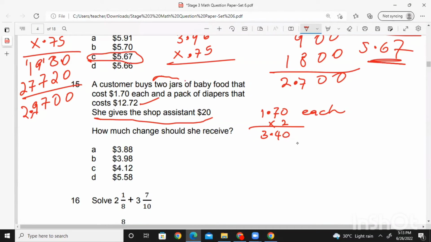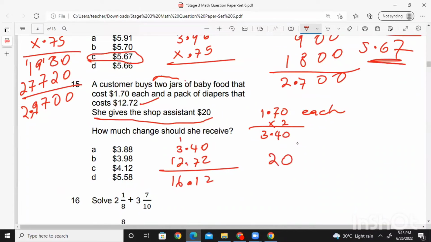And then now we're suggesting that, listen, I need to add this $3.40 to the $12.72 to know the total. So that's 2, 1, carry the 1 there, and that's a 6, and that's 1. So that's $16. So we're talking about $16.12 everything came to.